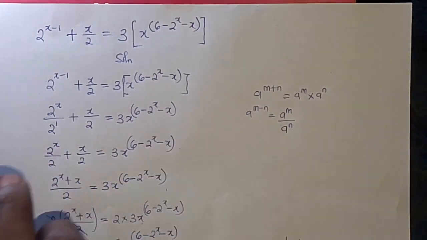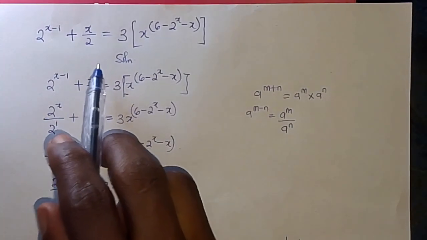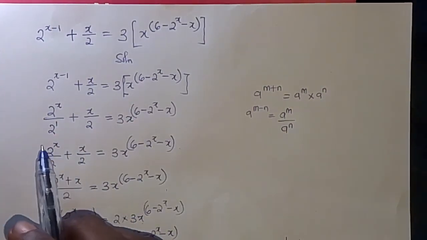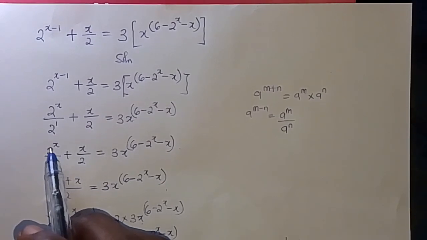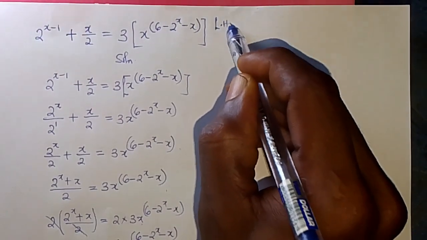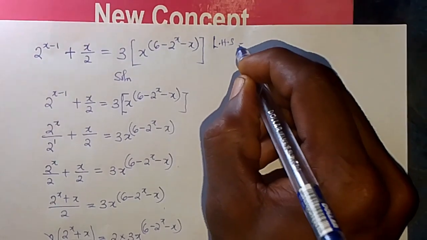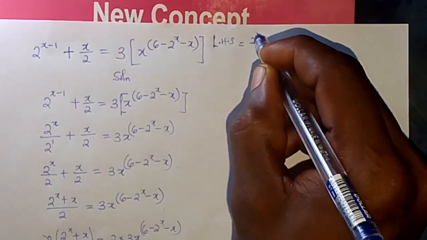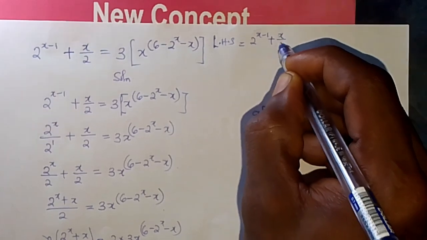So we have to substitute for the value of x in this equation, and if both sides of this equation are equal, then we know that x really satisfies this equation. So let's substitute for the value of x for the left hand side. For the left hand side of this equation, we are having 2 to the power of x minus 1 plus x divided by 2.